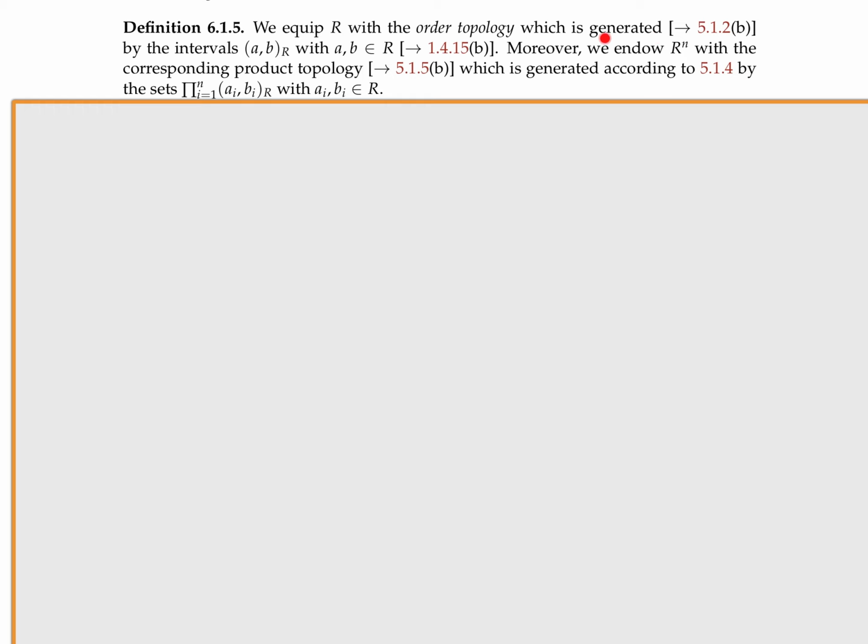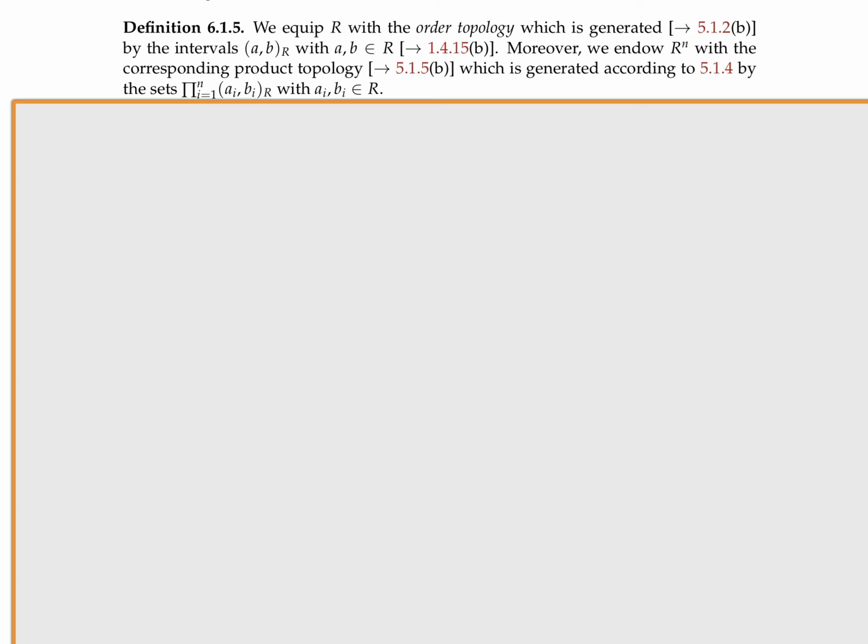That's just what it means that a topology is generated. You remember that the topology generated by some subsets is the smallest topology, or the coarsest topology, containing the subsets, and that means that it consists of all arbitrary unions of finite intersections of these generators.